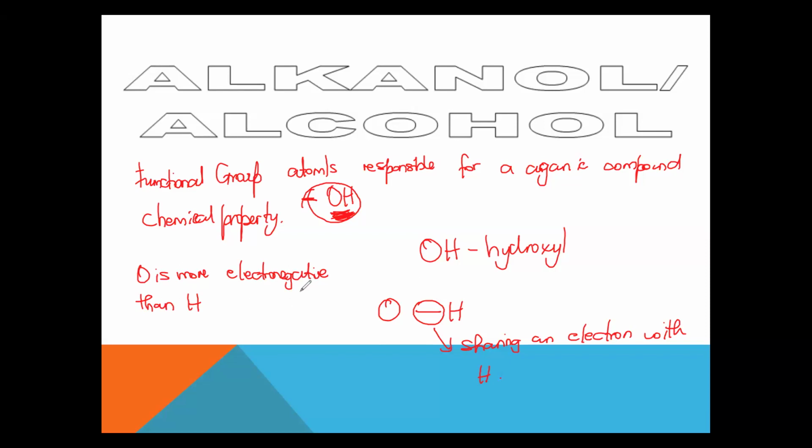Electronegativity means once you're more electronegative, you pull the shared pair of electrons towards yourself. So oxygen is more electronegative than hydrogen. Therefore, oxygen pulls the shared pair of electrons towards itself.